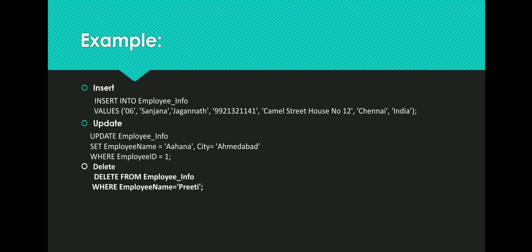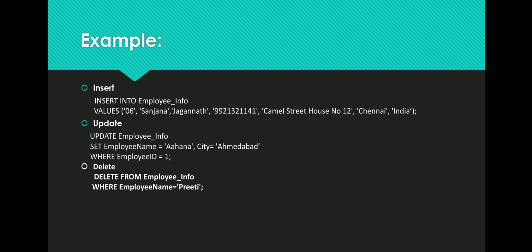Insert. Insert into employee info. This is the command given to provide some information into the table. The values in the brackets, all the values to the columns present in the table should be provided. Update. Update employee info. Set employee name is equals to a name and city name is equals to something that we want to update it into, where employee ID is equals to 1.